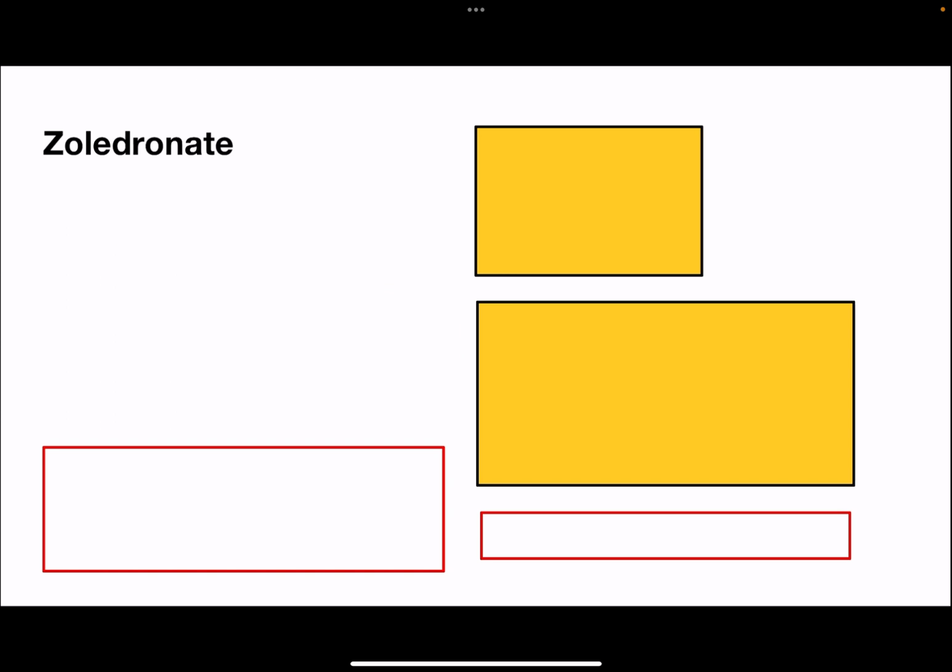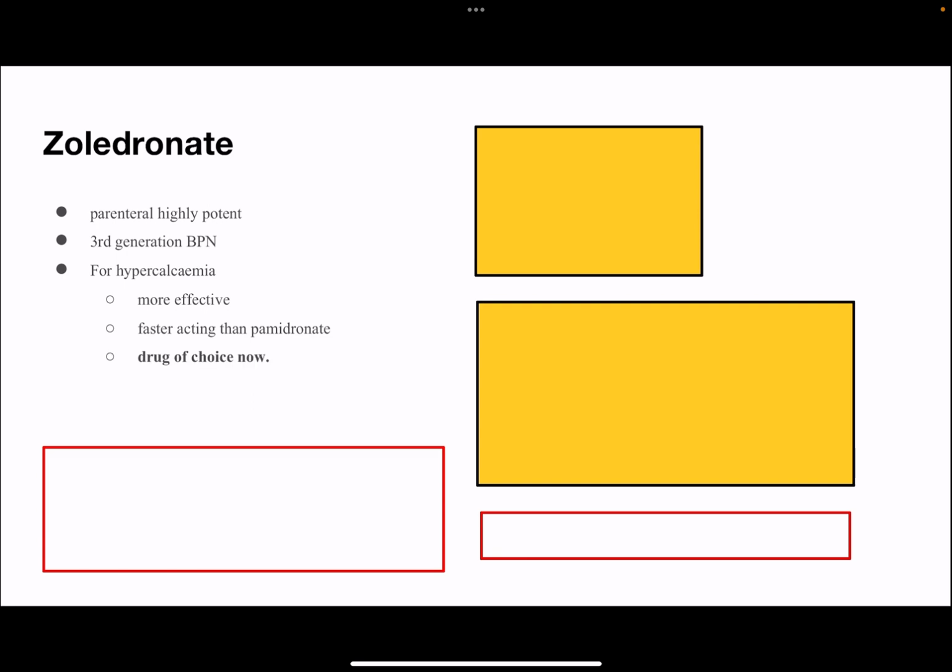Coming to the last and very important drug, you can say a drug of choice, zoledronate. It is a parenteral drug, highly potent, highly efficacious, a third generation bisphosphonate. It is used for hypercalcemia because of its greater effectiveness, and it is faster acting than pamidronate, making it a drug of choice now. It has to be infused over 15 minutes compared to pamidronate, which may take around 2 to 4 hours.